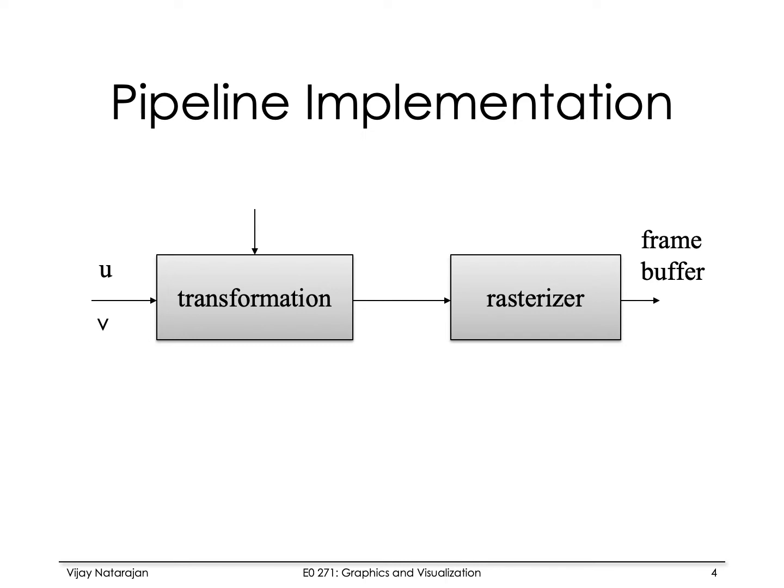When they enter the first stage of the graphics pipeline, a transformation T is applied to them. So this transformation is supplied by the application program, the vertex shader. So U gets transformed to T of U, and later when V enters the pipeline, it gets transformed to T of V.